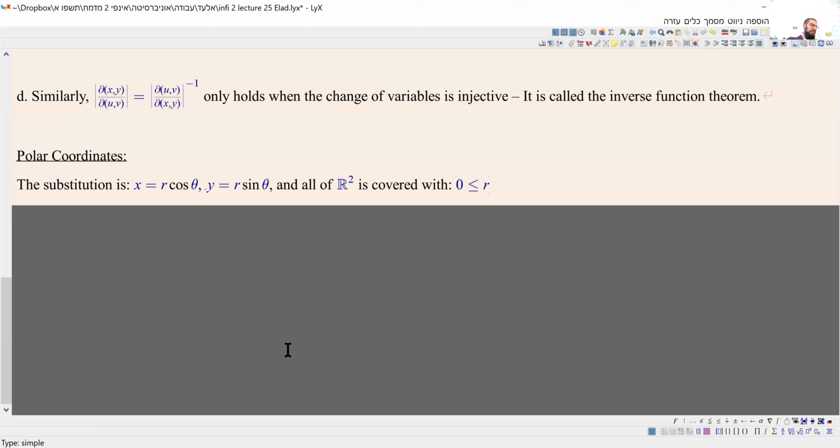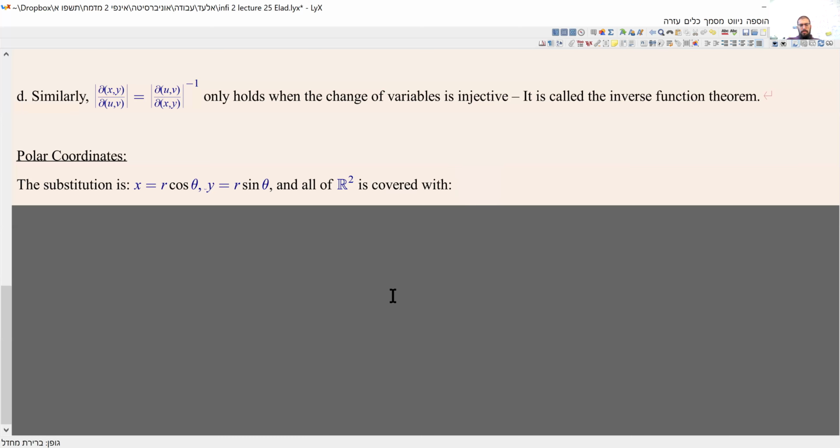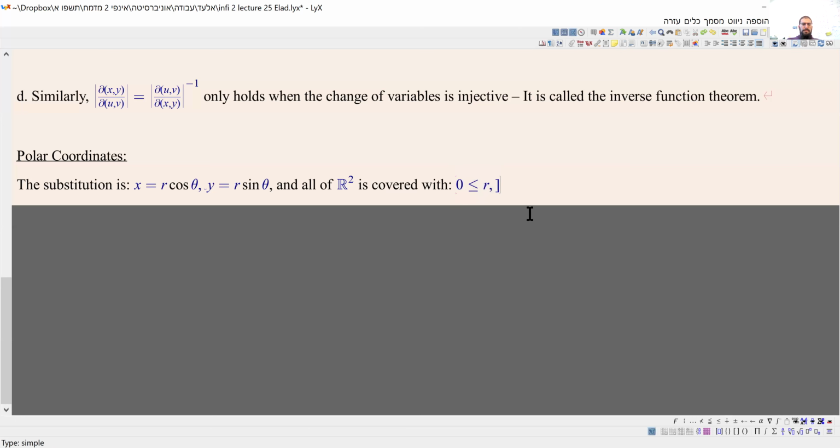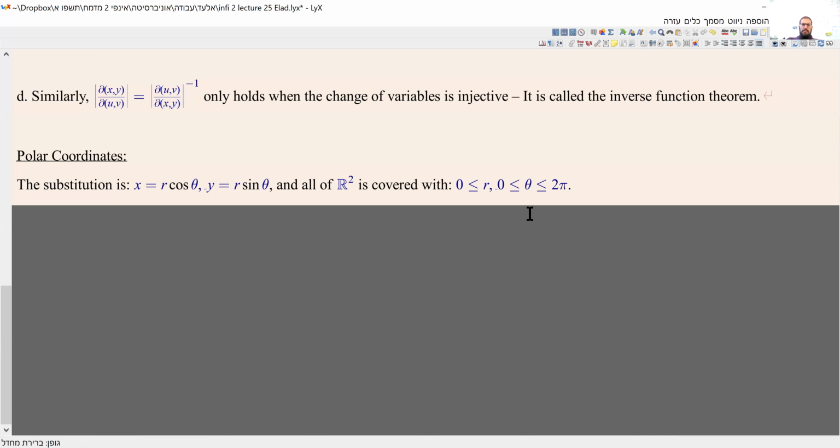The distance from the origin cannot be negative. And because sinus and cosinus have their own cycles, it is enough to look at theta in some segment of length 2 pi. Usually we use 0 to 2 pi, but if you use minus pi to pi, it's basically the same.